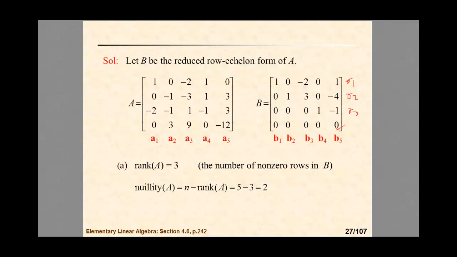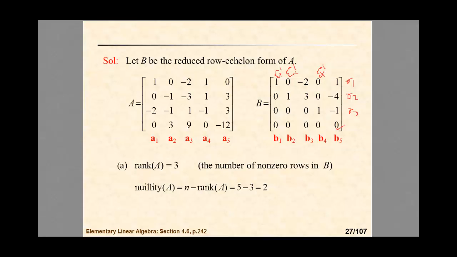So in row 1 we have a leading element at the first place, in row 2 at the second place, and in row 3 at the fourth place. So we have the columns C1 dash, C2 dash and C4 dash. So these are the columns.